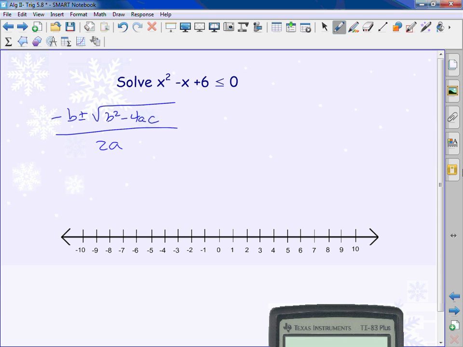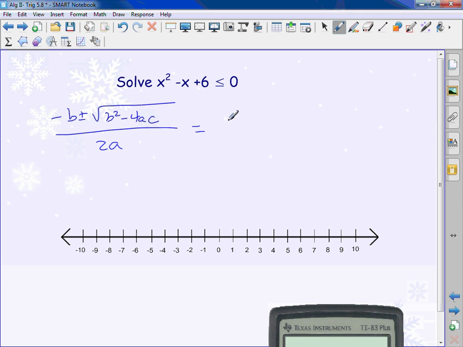How are you going to factor it? They're the same to multiply 6, but when you add them together, get you 1. The only thing you could have got was a 7 or a 5.